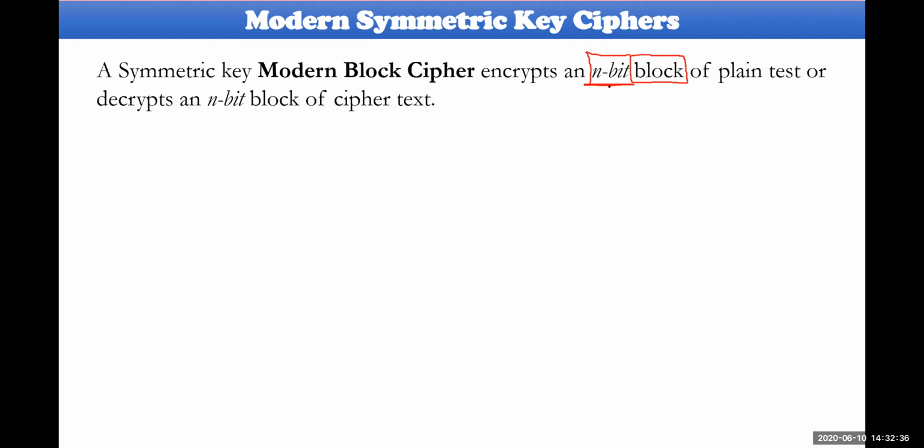So previously, everything was based on character transposition. Now it is taken as bits, so operations and encryption could be done on an n-bit block of plaintext, and decryption could also be done on an n-bit block of ciphertext. Plaintext is applied as input to the encryption algorithm so that you get ciphertext, and ciphertext is given as input to the decryption algorithm.